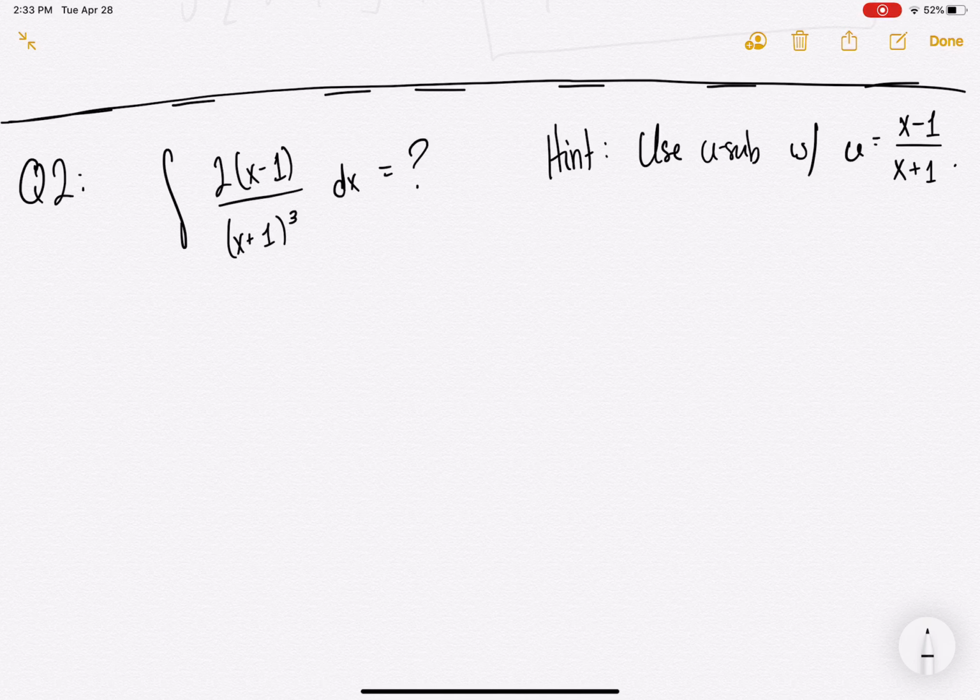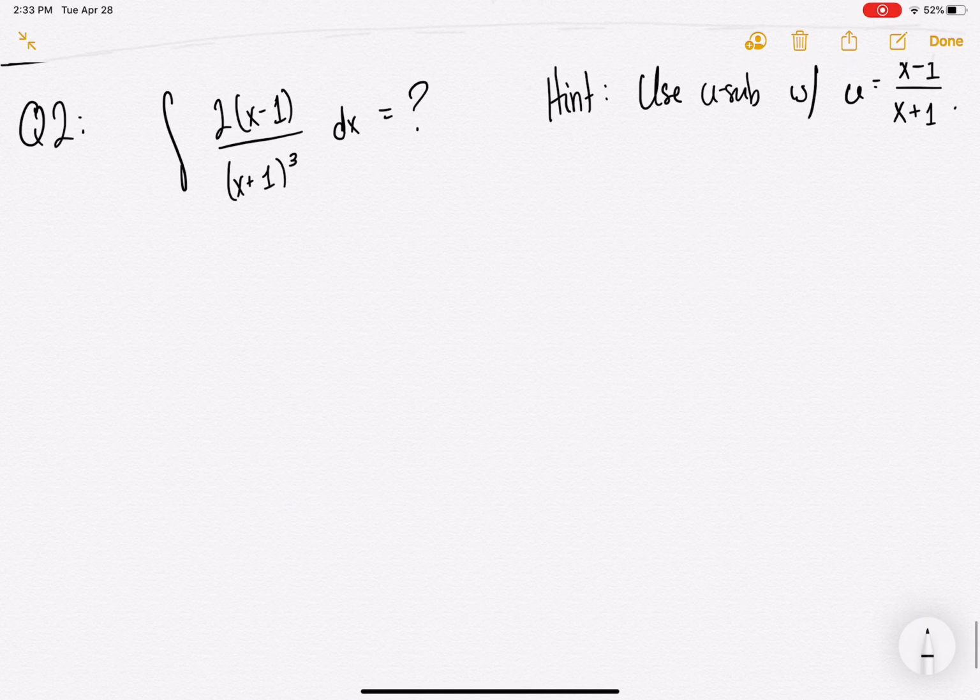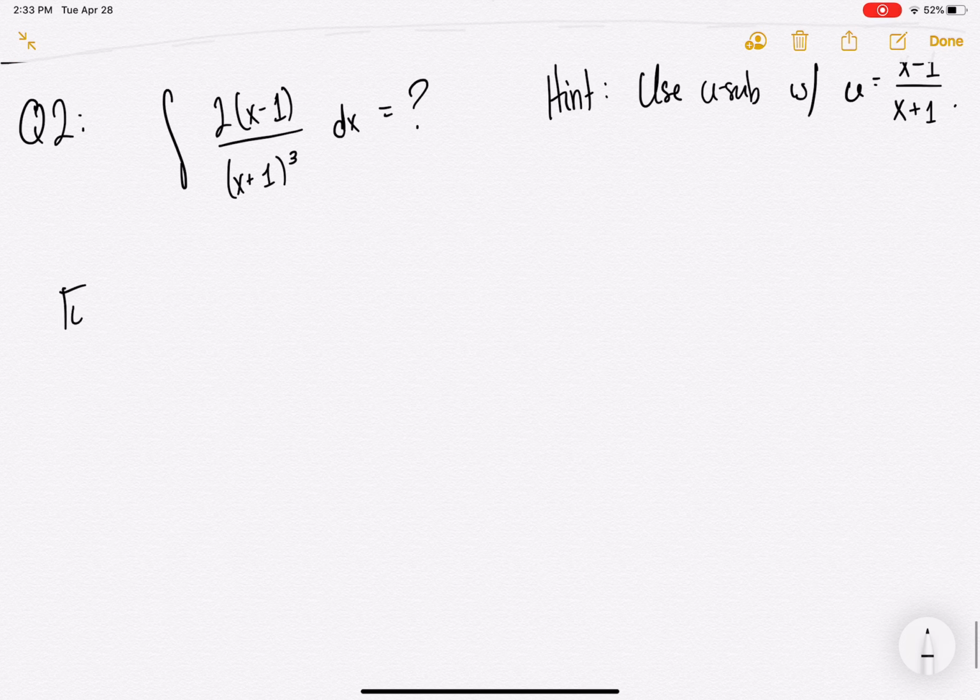So let's do just that. Follow the hint. u equals x minus 1 divided by x plus 1.